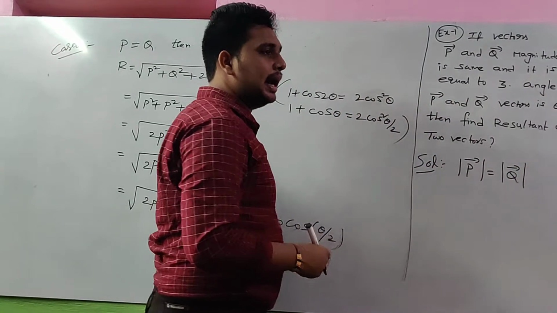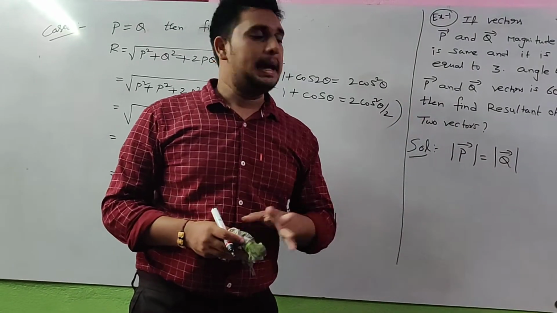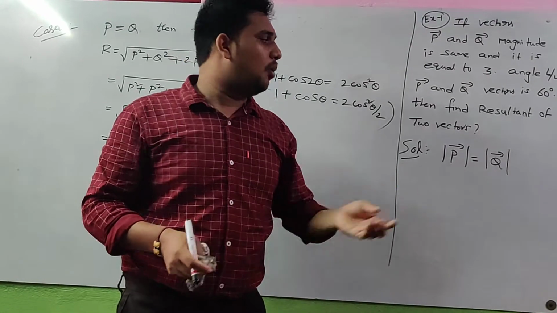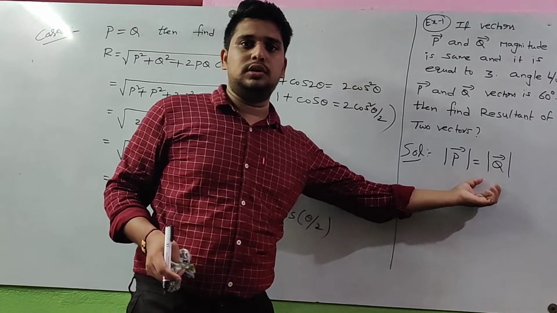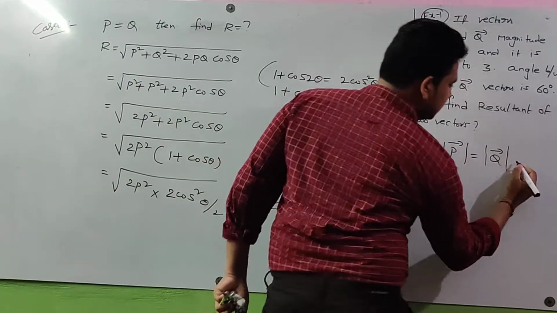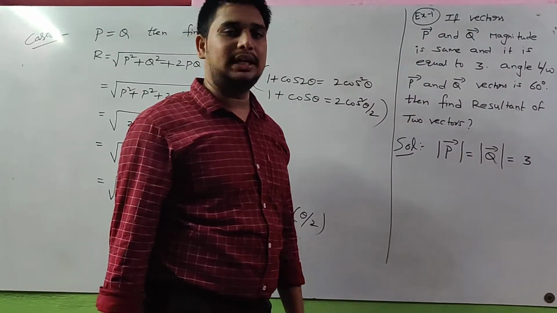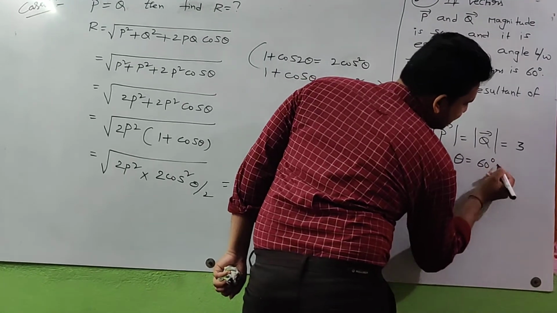How to represent a magnitude? Already I discussed in previous lectures: magnitude is the modulus. Modulus of P is equal to modulus of Q is equal to 3, and theta is equal to 60 degrees.